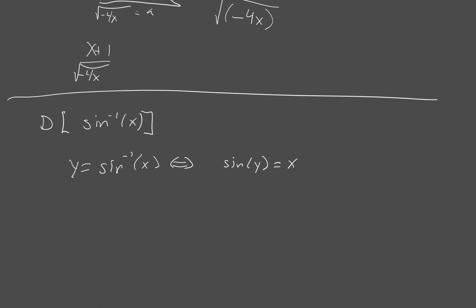I take the derivative of the left-hand side and I get the cosine of y times y prime, which is equal to 1 when I take the derivative of the right-hand side. So y prime is equal to 1 divided by the cosine of y, which is equal to 1 divided by the cosine of the sine inverse of x.